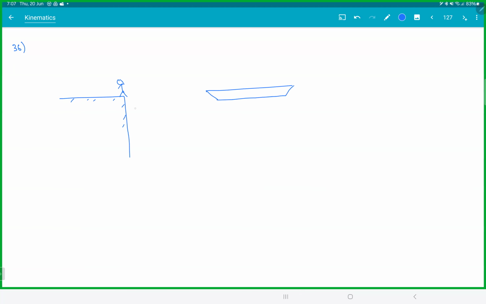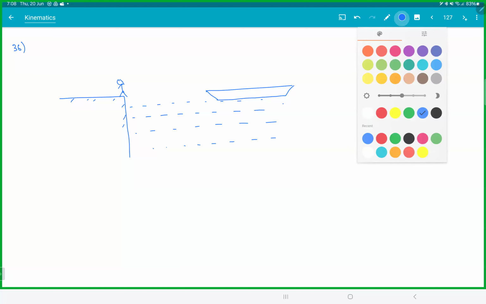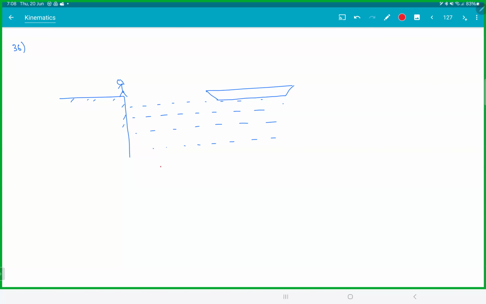We have a boat here. This is 10 meters. Boat is also 10 meters. So this person is throwing stones with speed u at an angle theta.